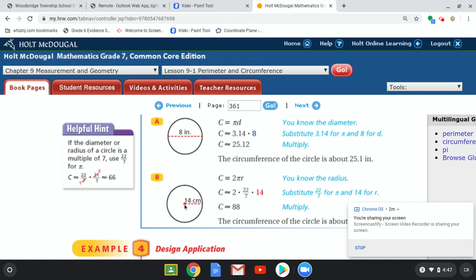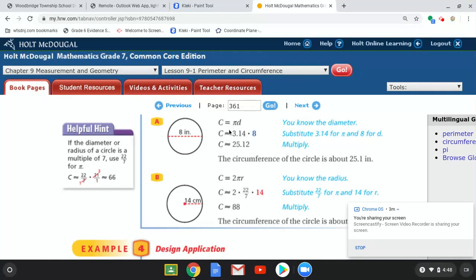So if the radius on this circle is 14 centimeters, that means the diameter is twice the radius, because this would be 14 centimeters and this would be 14 centimeters. So that means the diameter in this case would be 28 centimeters. So I'm trying to explain that you can use either of these formulas and you would get the circumference. I tend to use this one because it's just easier to remember one.